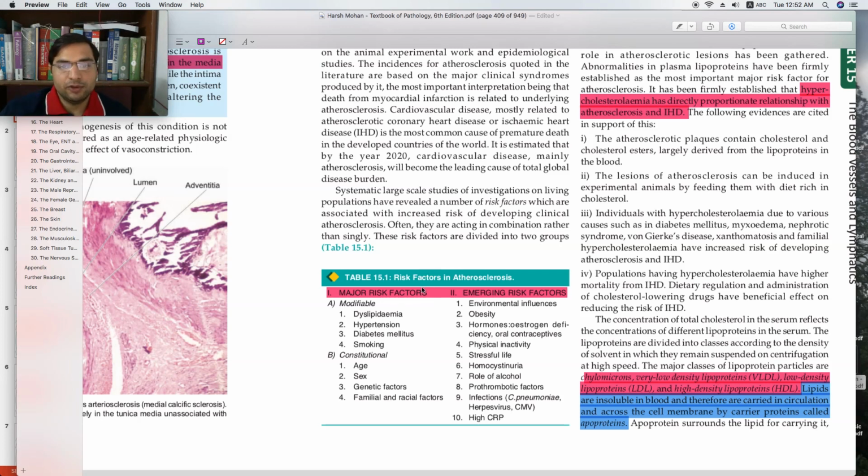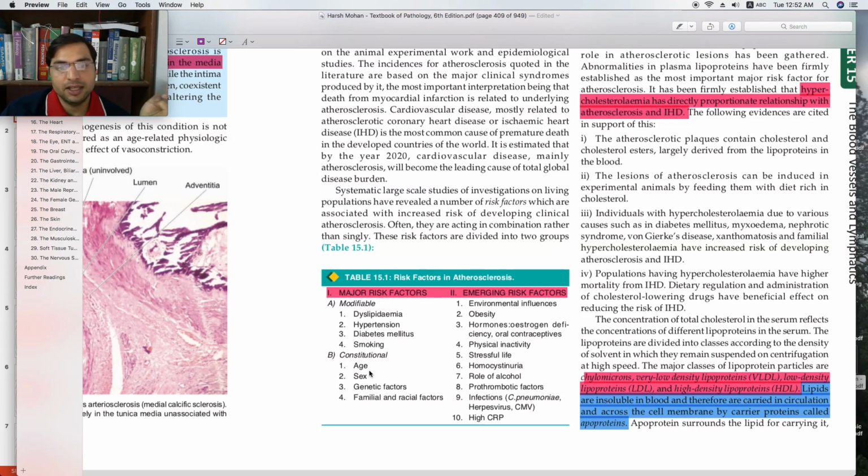The risk factors for atherosclerosis are, number one, dyslipidemia. Dyslipidemia causes atherosclerosis, that is fibrofatty plaques in the blood vessels. Number two, hypertension. Hypertension causes atherosclerosis, right? We have already studied the mechanism. Then diabetes mellitus and smoking. Smoking also leads to atherosclerosis, right?